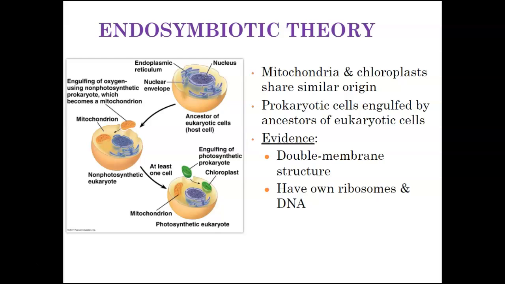Furthermore, mitochondria and chloroplasts have their own ribosomes and even their own DNA. That's right, you inherit DNA in mitochondria from your mother. Mutations in that DNA can lead to many genetic disorders, and you may discover that in your genetic disorder poster research.